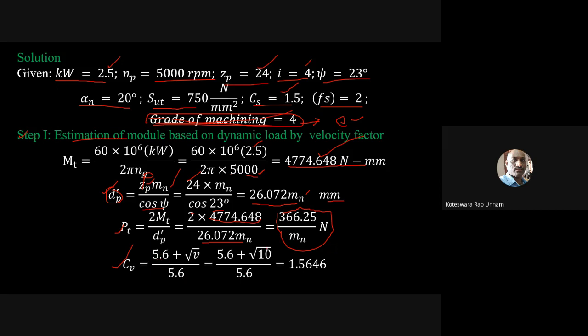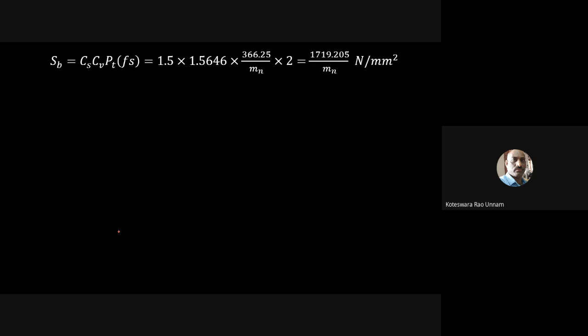He mentioned that you need to take this V, the pitch line velocity, as 10 meters per second. So if I substitute 10 meters per second and simplify, we get Cv as 1.5646. So now I have Cs, Cv and Pt, and now I can calculate the effective load.